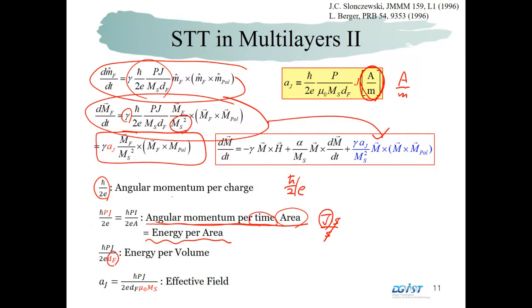And if you divide by dF, the ferromagnetic layer thickness, the free layer thickness, then it should be energy per volume. Okay. And if you divide that energy per volume by mu0 Ms, that means AJ is a unit of the field. Because when you multiply mu0 Ms by some field, we can obtain energy. This is minus energy per volume.